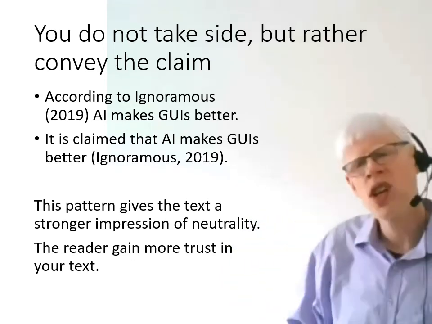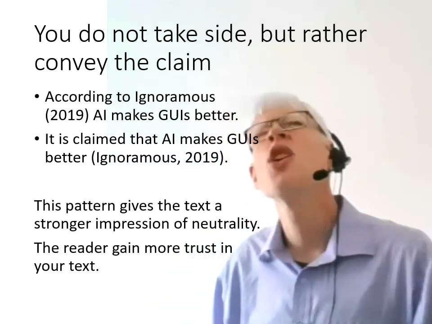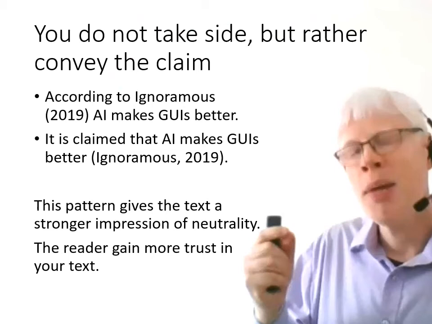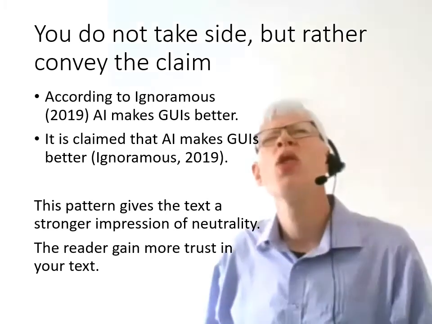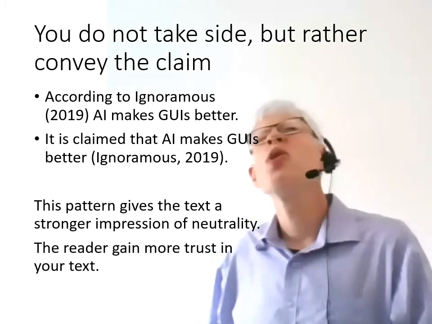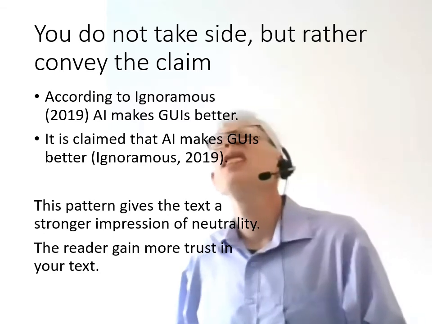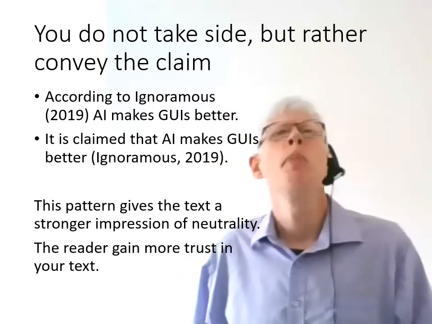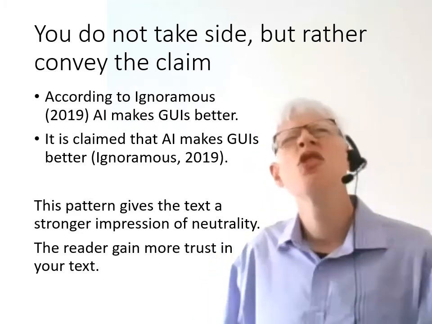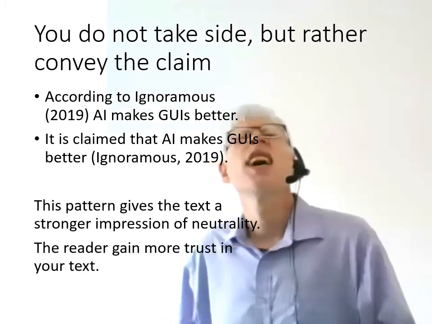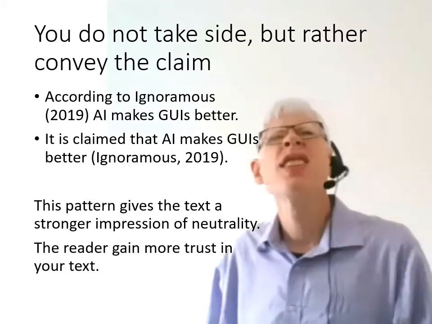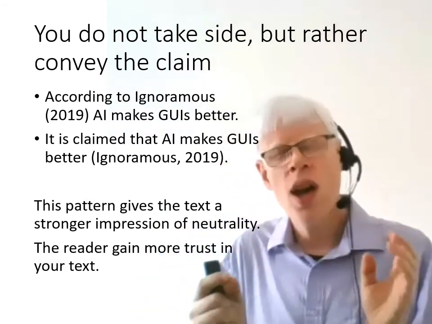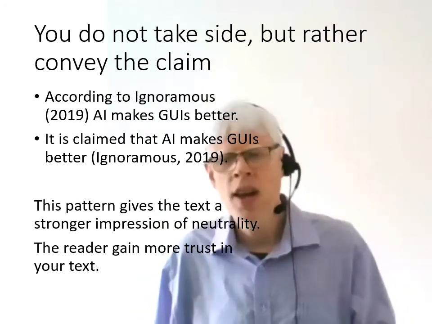I have two examples on how you can phrase this, using the same claim that we saw on the previous page. According to Ignoramus 2019, AI makes GUIs better. Or alternatively, it is claimed that AI makes GUIs better, and then referring to Ignoramus 2019.